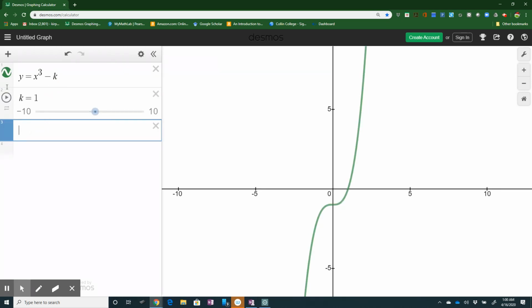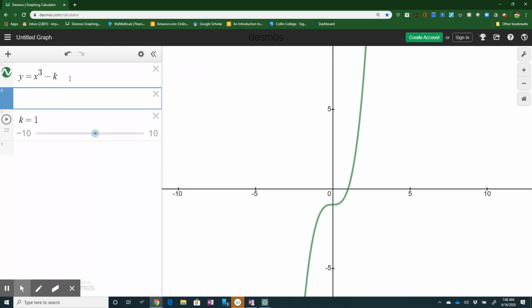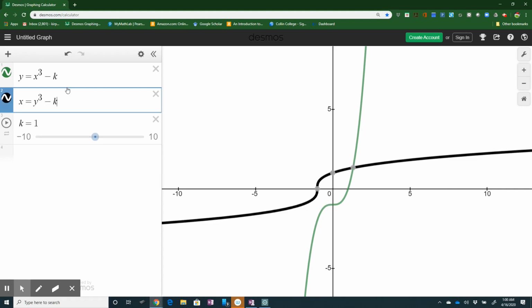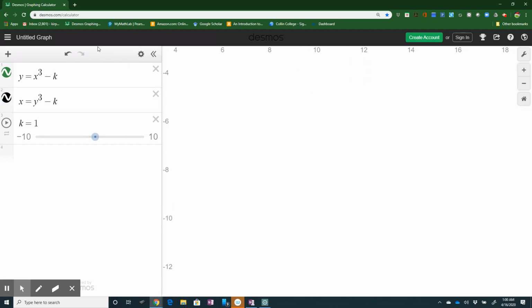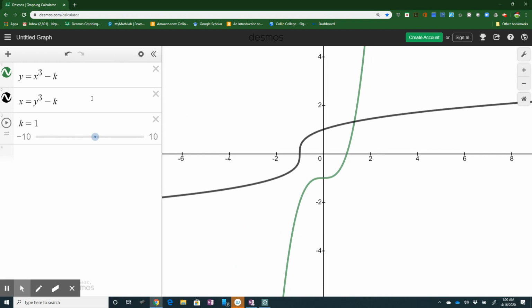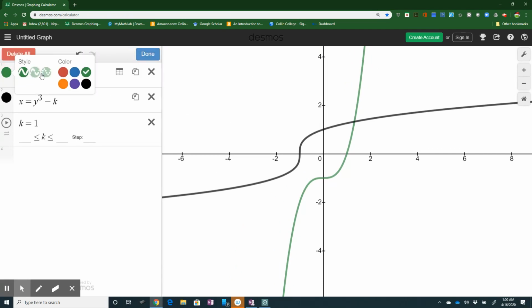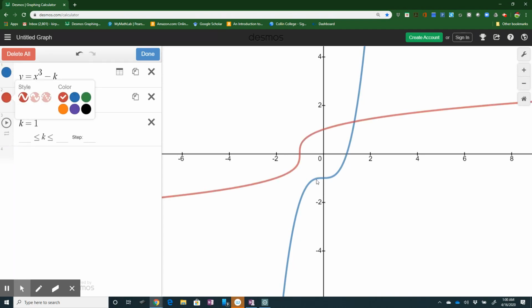And what I'm going to do is literally switch the x and y values. Instead of y equals x cubed minus k, I'm going to say x equals y cubed minus k. And notice when I do that, I get a graph. Let me change the colors of these. I'll make this one blue, and I'll make this one red.